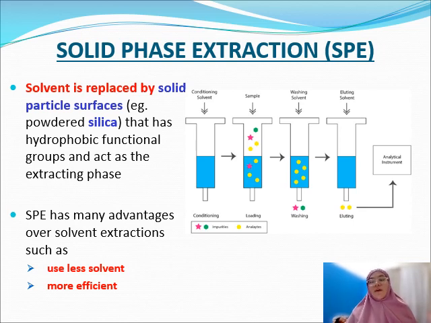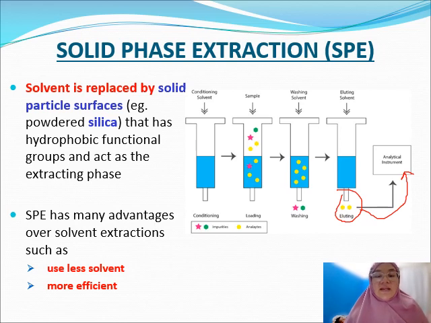Then you add the eluting solvent, which helps remove and elute the components that you are studying. The eluted component then goes to the right instrument for analysis. Okay, and this is solid phase extraction.